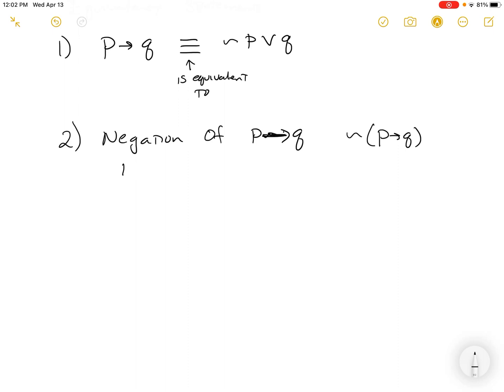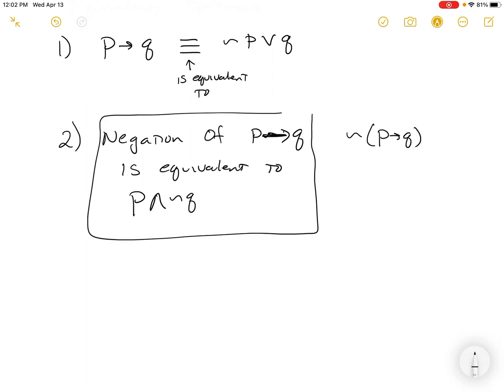But the negation of P implies Q is equivalent to, and this shouldn't surprise you, P and not Q. And the reason why that shouldn't surprise you is that this second statement is just an application of De Morgan's law that you did in an earlier section.